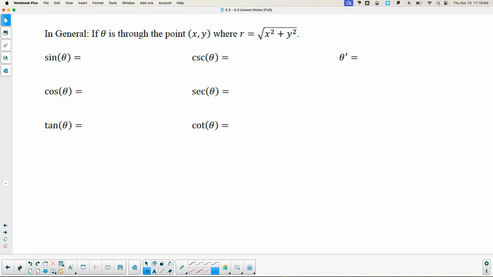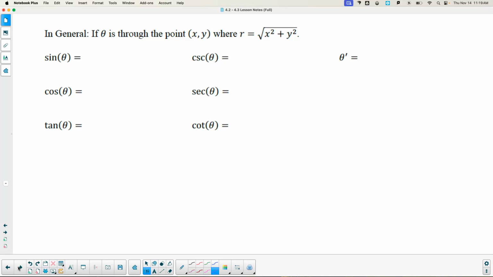Things that you should know: if theta is going through a point and r is the distance from that point to the origin, it's just the Pythagorean theorem, the square root of x squared plus y squared. We're going to call that r.